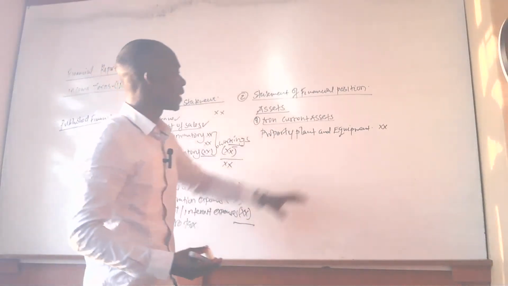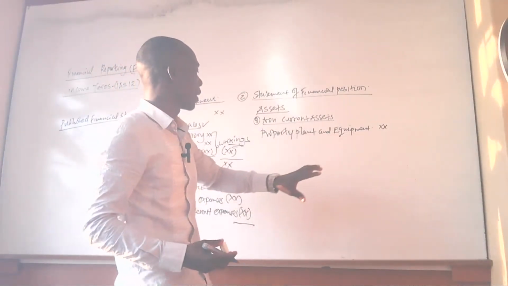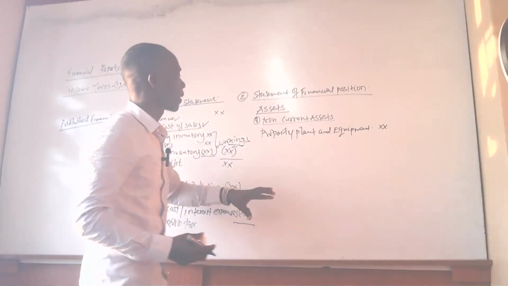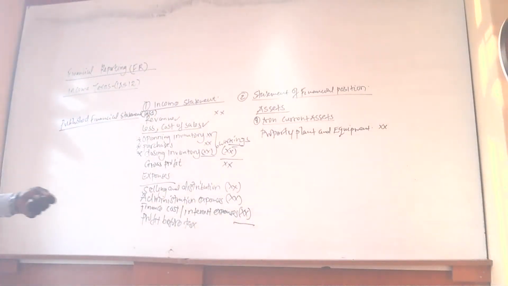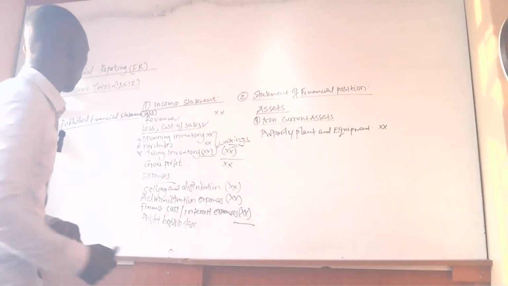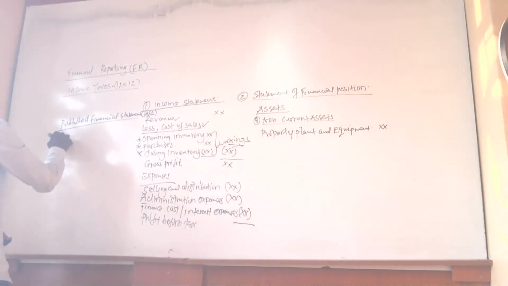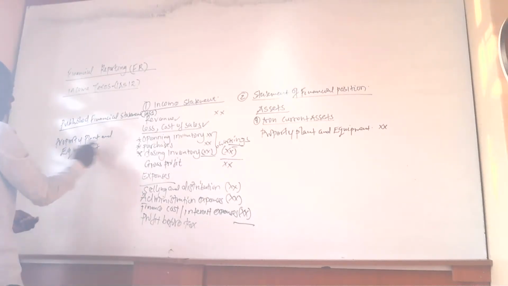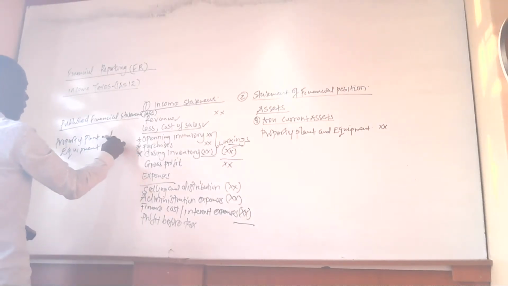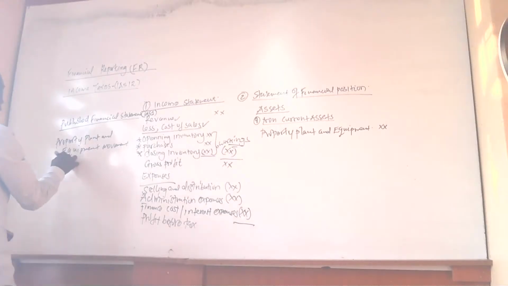What we mean is that the figure for the land and building, plant and equipment will be calculated under the heading that you used to call it in the foundation level. We were calling it the property, plant, and equipment, what we call property, plant, and equipment movement schedule.